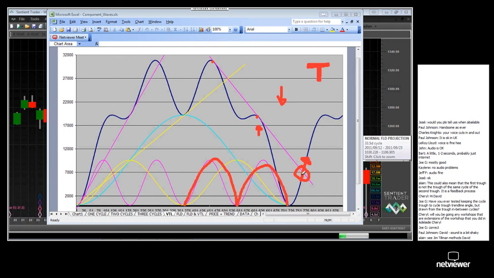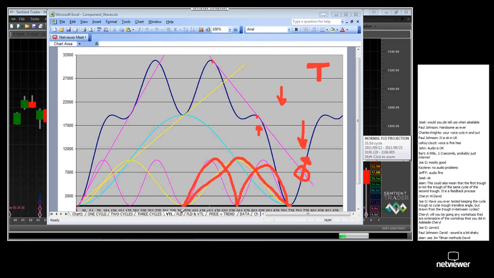So, here price crosses over the VTL. It provides us with confirmation of a trough. All right? Which trough? Very simply, the trough of 1 cycle longer than the pink cycle. What is 1 cycle longer than the pink cycle? It is a yellow cycle.